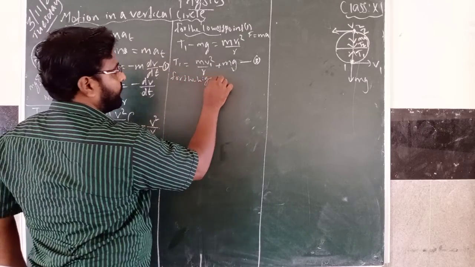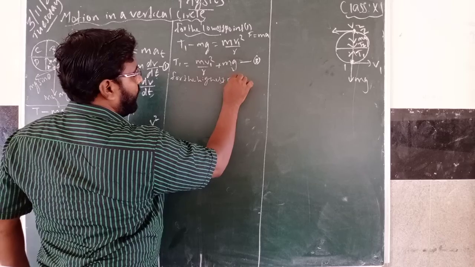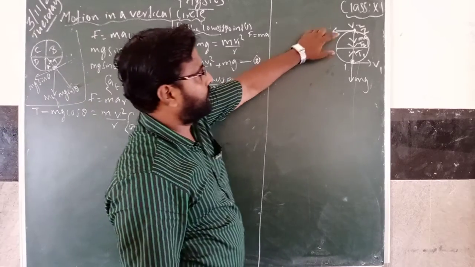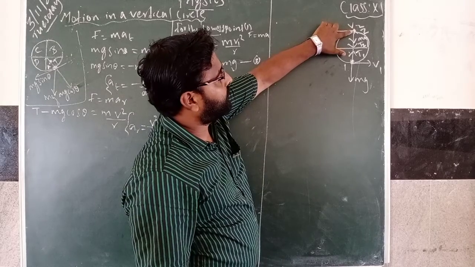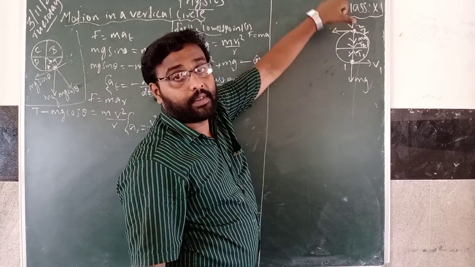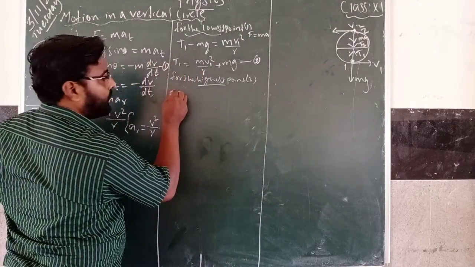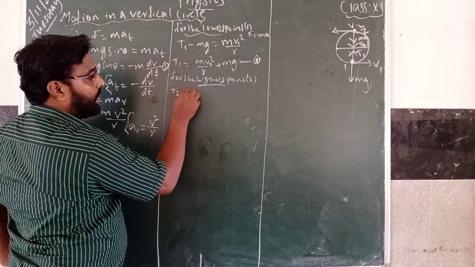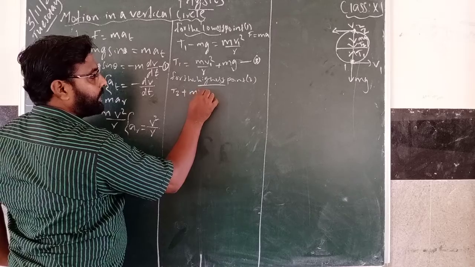Next one is for the highest point. This point. Here you see tension and mg which is acting in the same direction. So you can take a tension T2 and mg which is acting same direction.